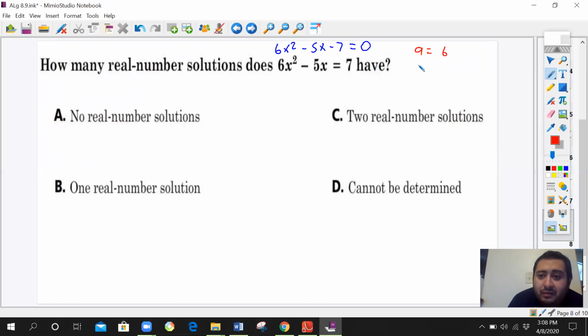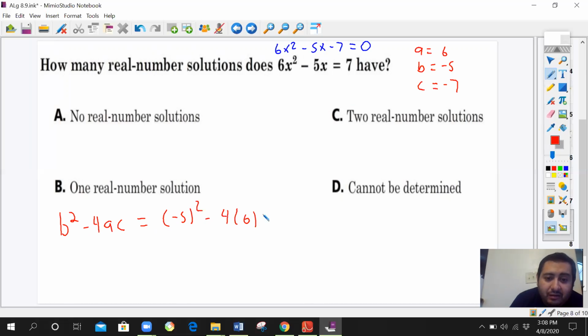Your A is 6. Your B is -5. Your C is -7. Let's put it into the discriminant, b squared minus 4ac. Your b is -5 squared minus 4, your a is 6 and your c is -7.